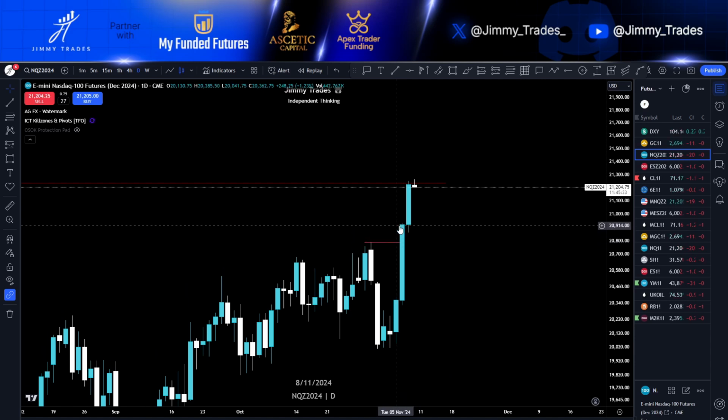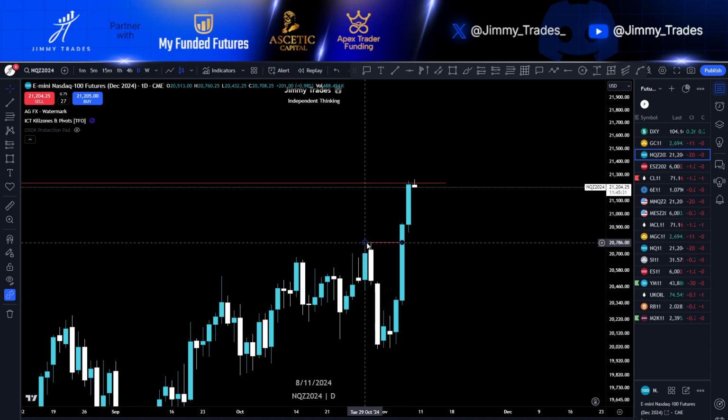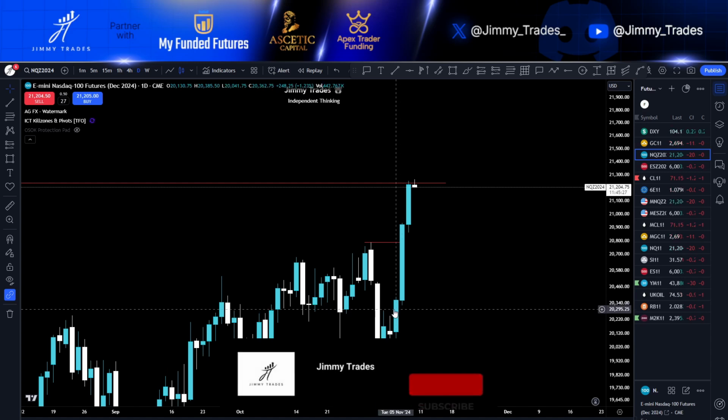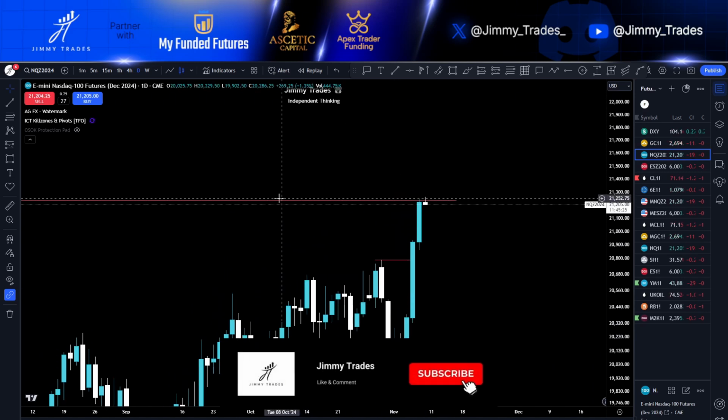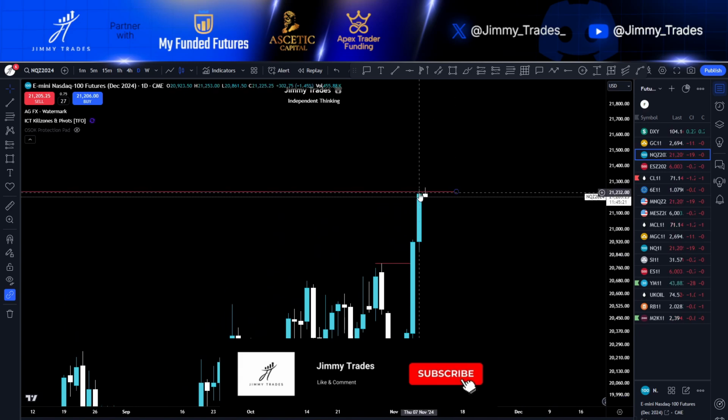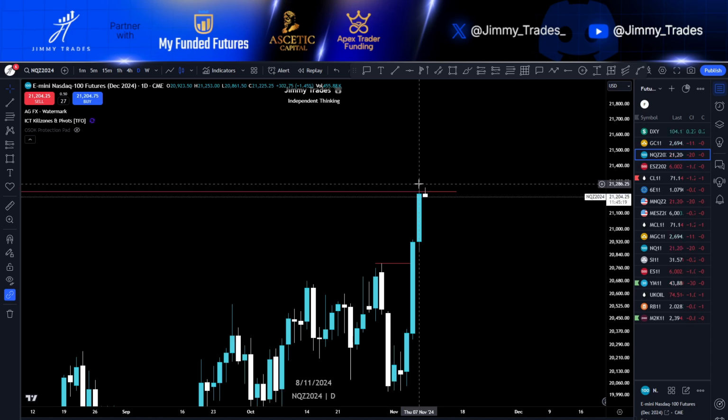We had this decisive close above the swing high with displacement because we had this breakaway gap here. Now we are at all-time highs. Price was unable to close beyond the previous all-time high. We closed back inside. Today's price has seen Thursday's high, and the high has been swept already.